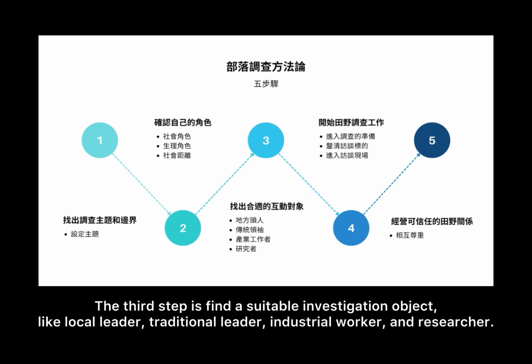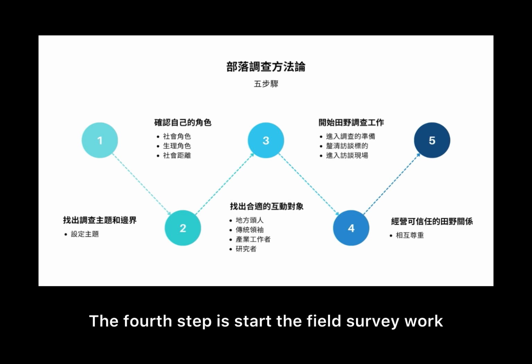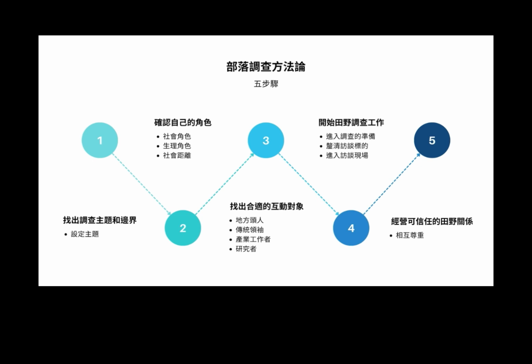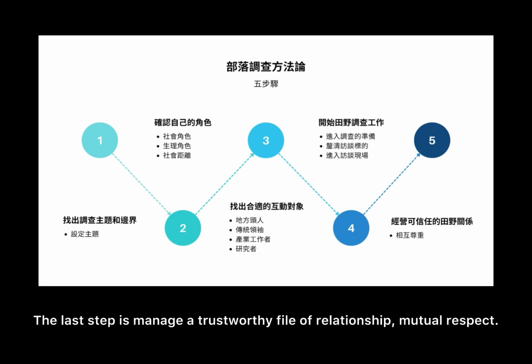The third step is find a suitable investigation object, like local leader, traditional leaders, industrial worker, and researcher. The fourth step is start the field survey work. We can prepare for the investigation, clarify the interview objective, and enter the interview site. The last step is manage a trustworthy field relationship, mutual respect.